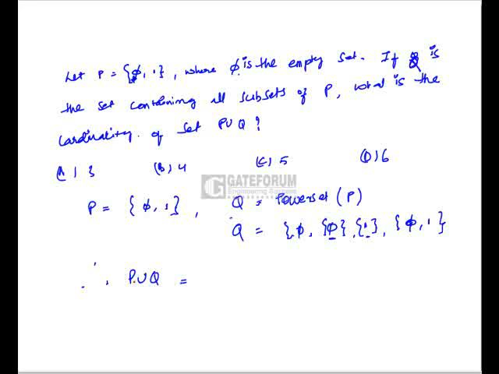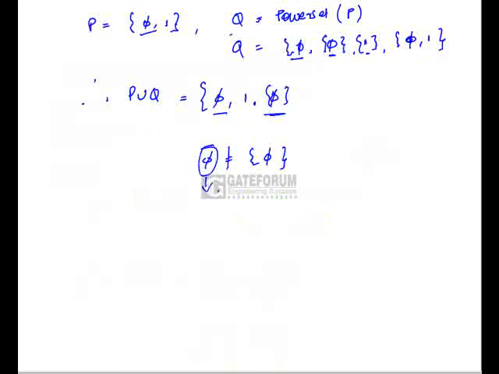We have to find the cardinality of the set P union Q. So P union Q contains the elements phi and 1 from set P, and next, the set containing phi. Here these two are not the same: phi is not equal to the set containing phi. Why? Because the first contains 0 elements, while the second contains one element, which is the empty set.